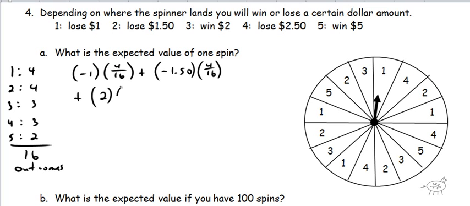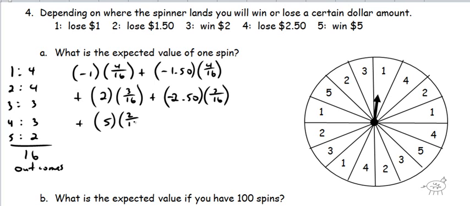So it's positive $2, and that is 3/16. And if I get a 4, I lose $2.50. Brutal. So minus 2.50, and that's 3/16 as well. And if I get a 5, I win $5. Sweet. And that's only 2/16.